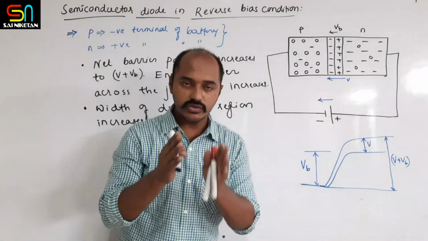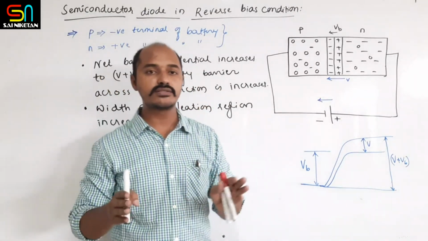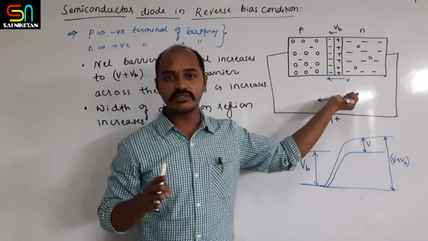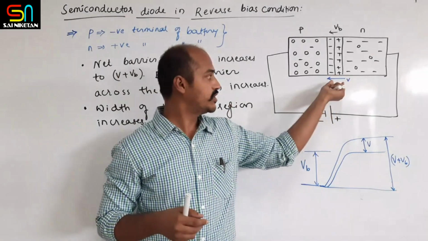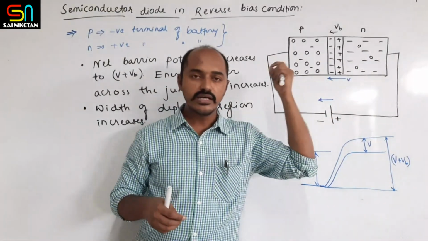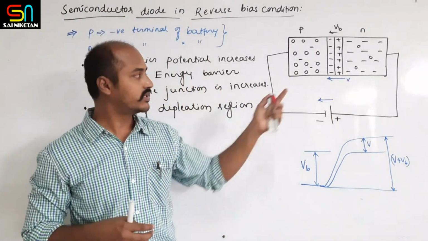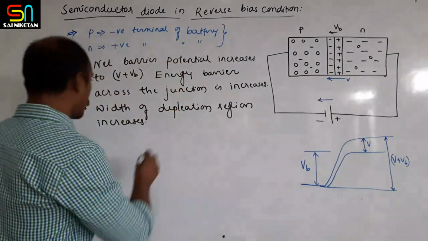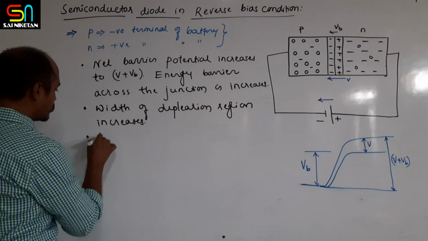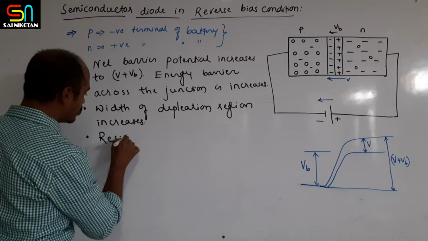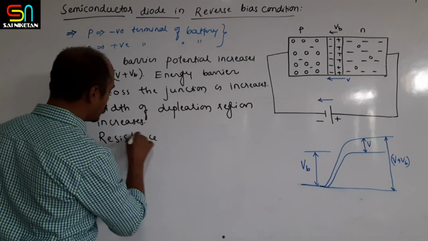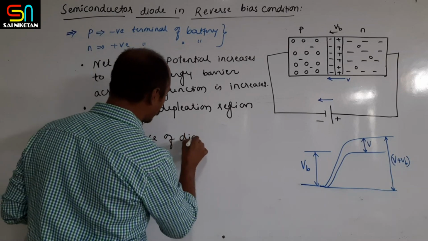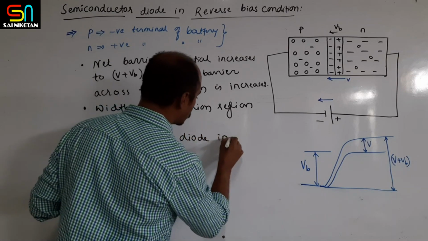If the width of the depletion region increases, the resistance of the diode increases. As the depletion region goes on increasing, it is very difficult for majority charge carriers to cross the barrier. Because of this reason, the resistance of the diode increases.